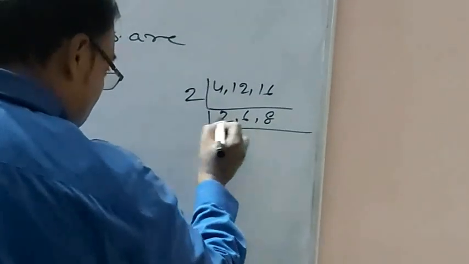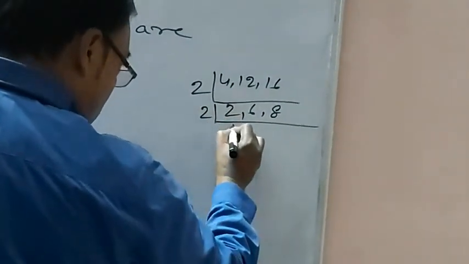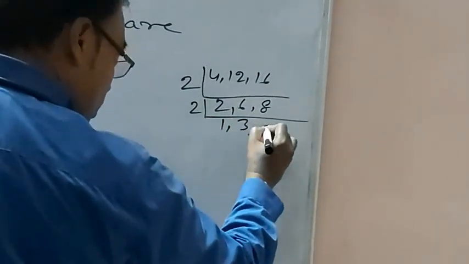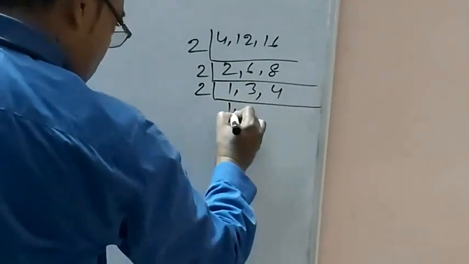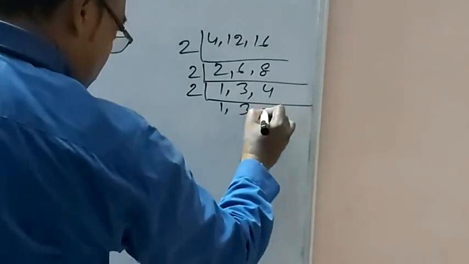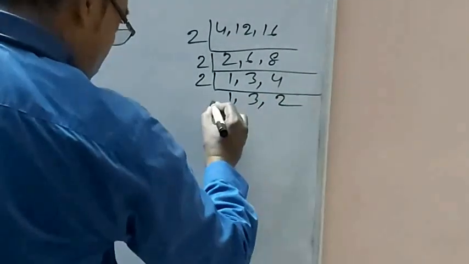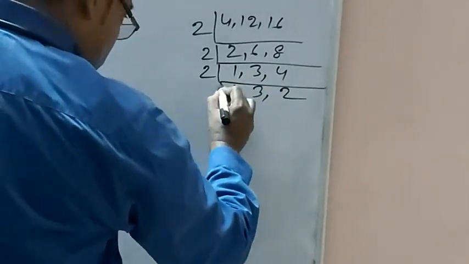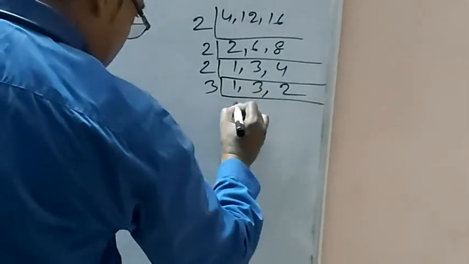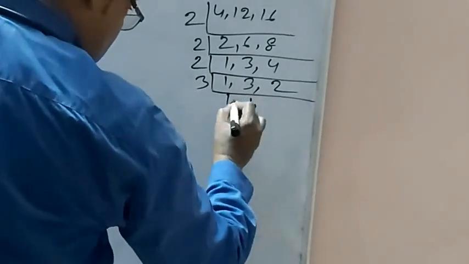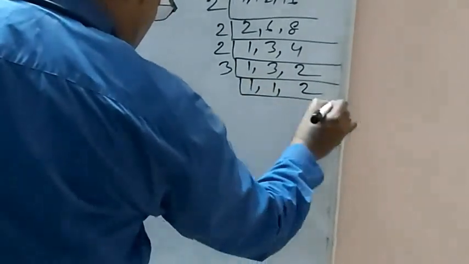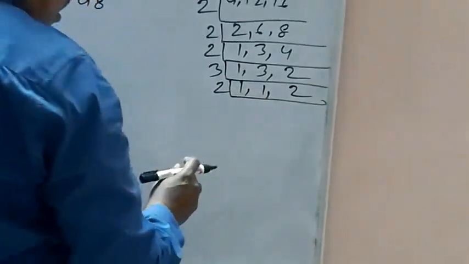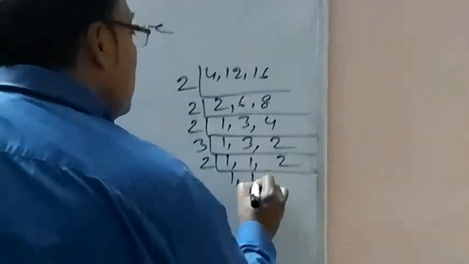Again divide by 2, we get 1, 3, 4. Next divide by 2, we get 1, 3, 2, then 2 again, and 1.